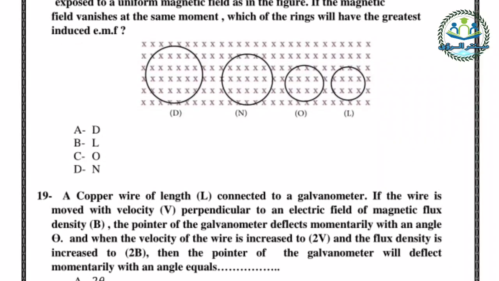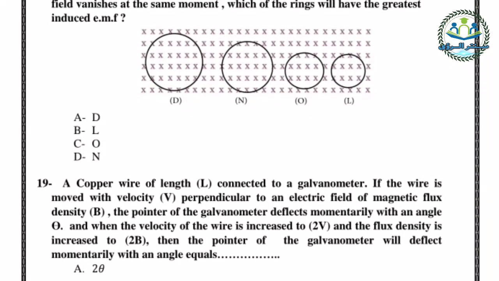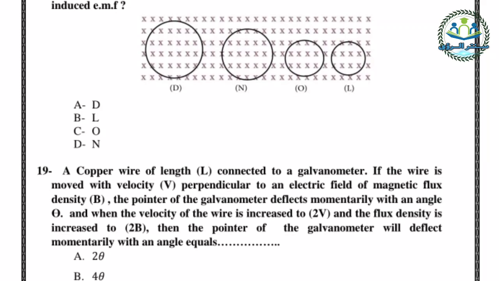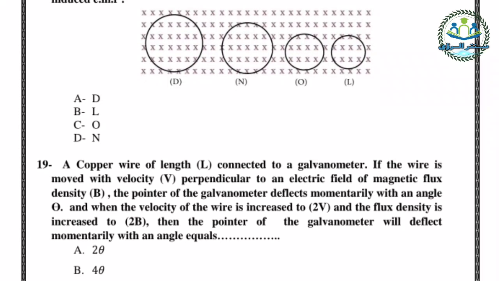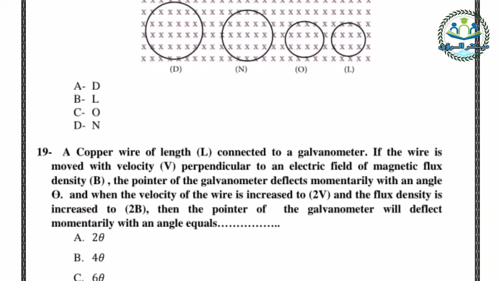19. A copper wire of length L is connected to a galvanometer. If the wire is moved with velocity V perpendicular to a magnetic field of flux density B, the pointer of the galvanometer deflects momentarily with an angle.